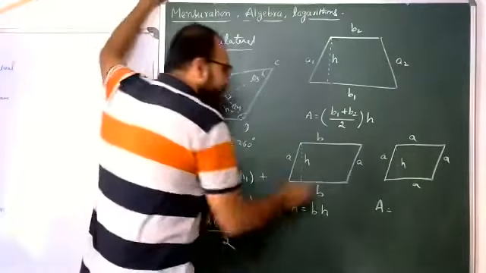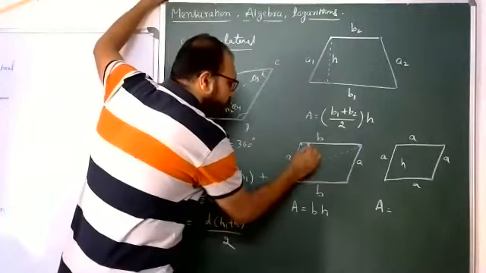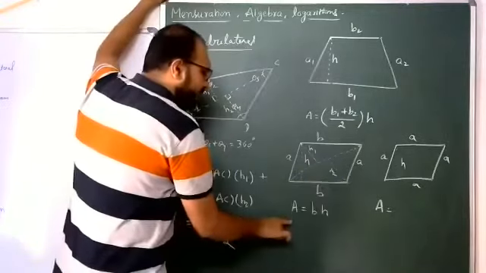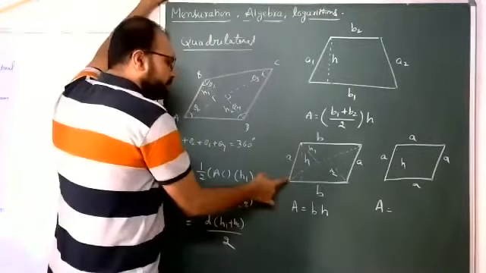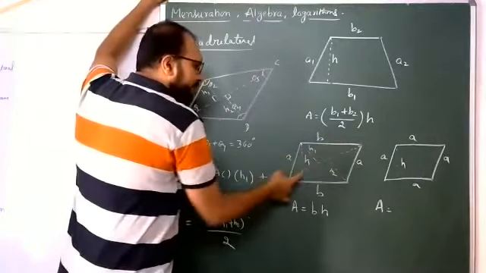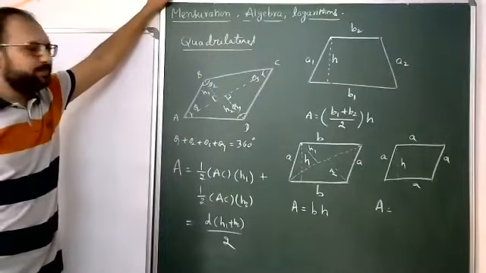So suppose it is H1, it is H2. You can write, students, area equal to half into this length small d into H1 plus H2.